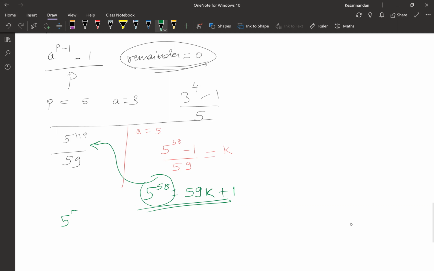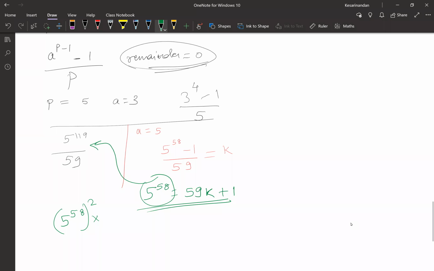5 raised to 58 square, into how much will be left, guys? No, 5 power 5 or 1 will be left. 58 into 2 is 118.